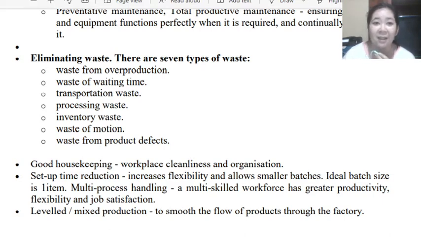Another waste is waiting time. Then transportation waste, processing waste, inventory waste, waste of motion, and waste from product defects. These are the most common types of waste that the entity should eliminate in their production process.